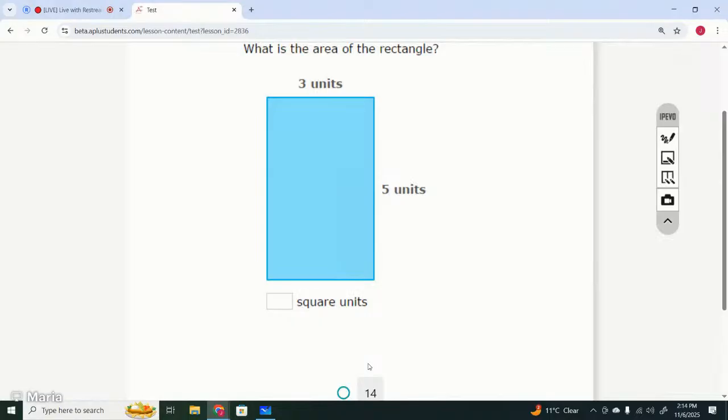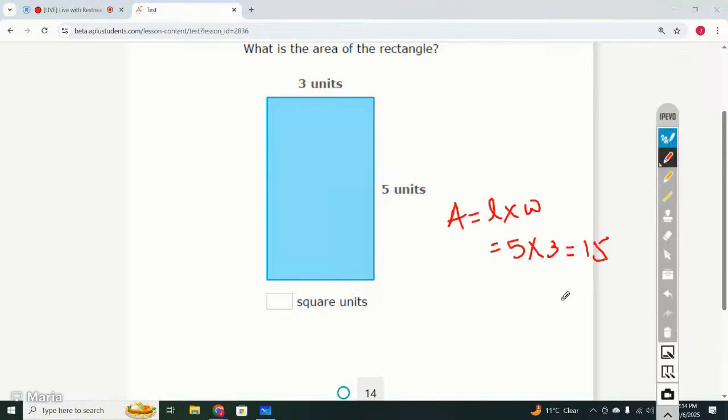What is the area of rectangle? So which is the correct option? Yes, the length is 3 and the width is 5 again, right?